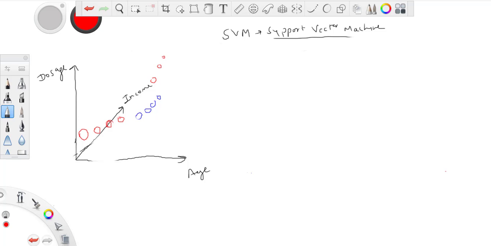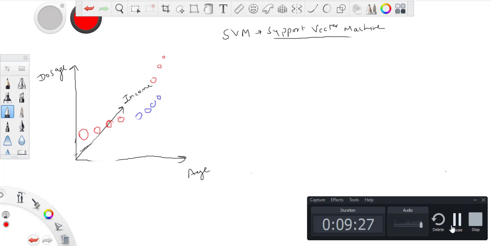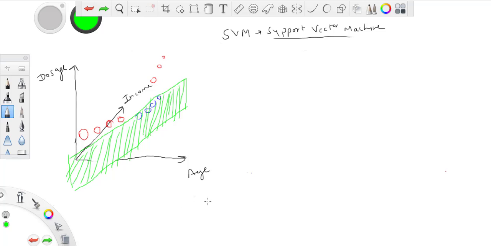So what kind of decision boundary can I have? So I can have this plane as a decision boundary, where on top of this plane I have red categories and below this plane I have blue categories. Okay, so in case of 1D we had a single point, in case of 2D I had a line, and in case of 3D I have a plane.